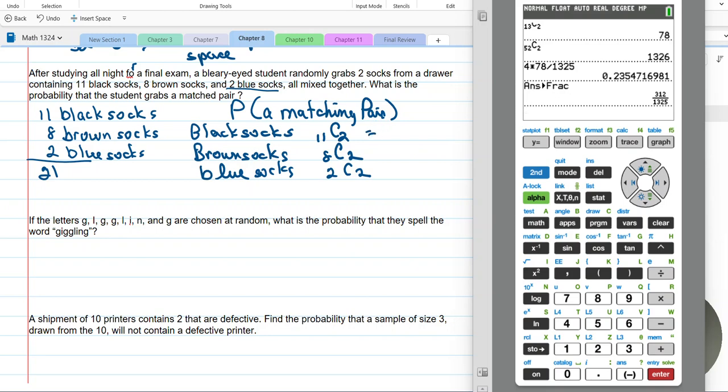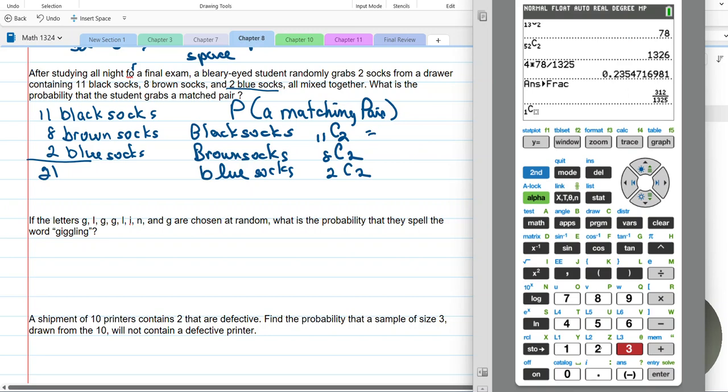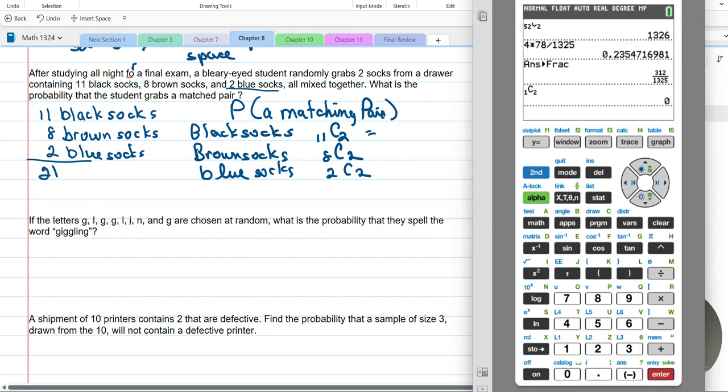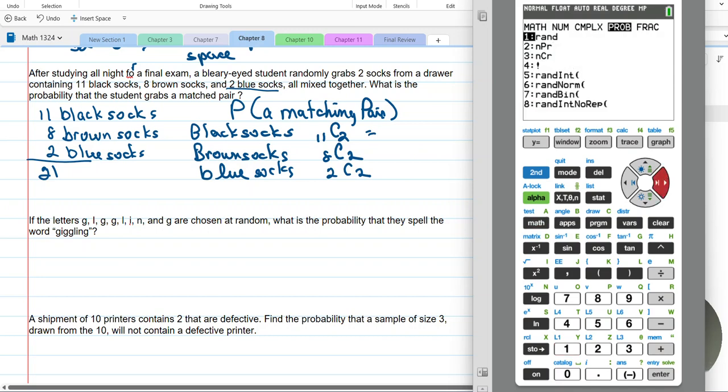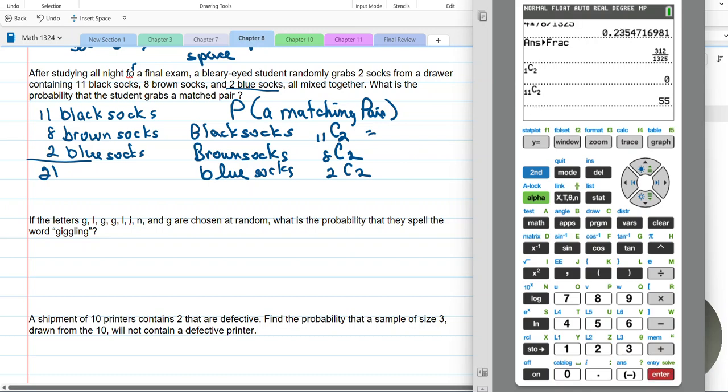So on this one, let's do that. Oh, 11, math, PROB, 3, 2. There we go. And we get 55.